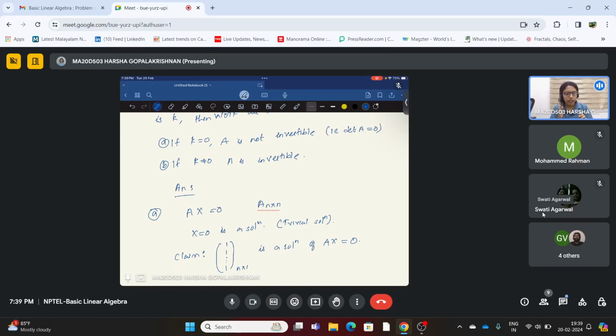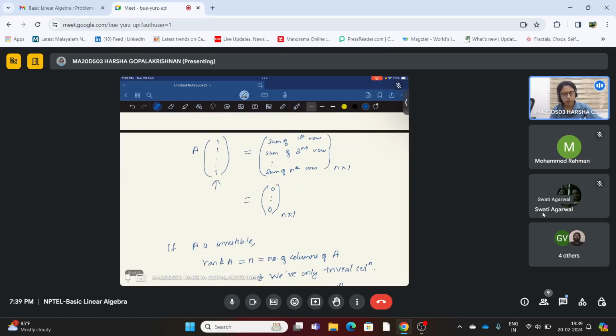We are taking the system Ax equal to 0. For Ax equal to 0, we are claiming that the column of ones is a solution. For that we are taking A into the column of ones.